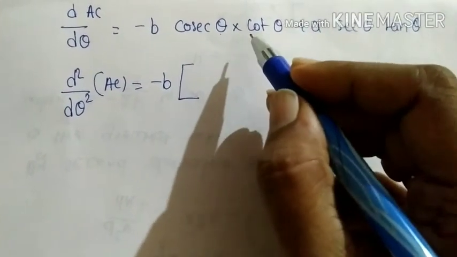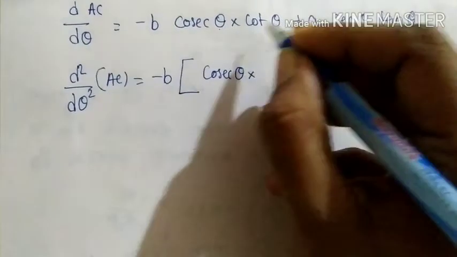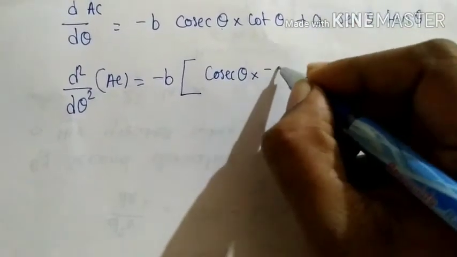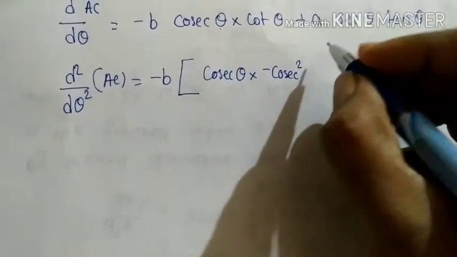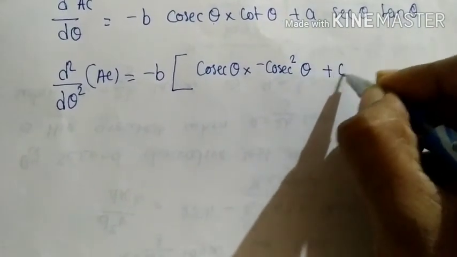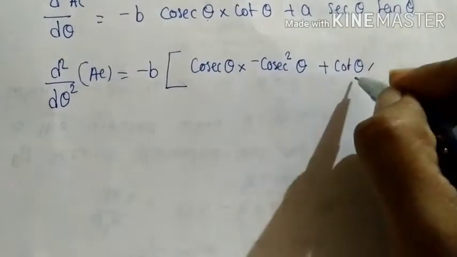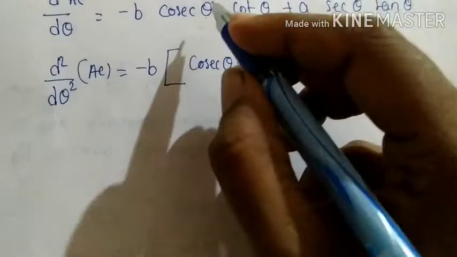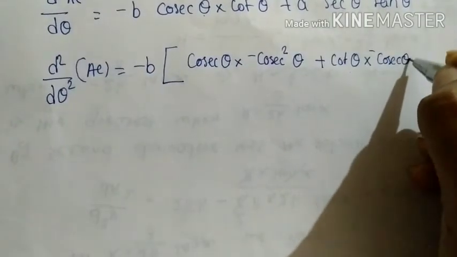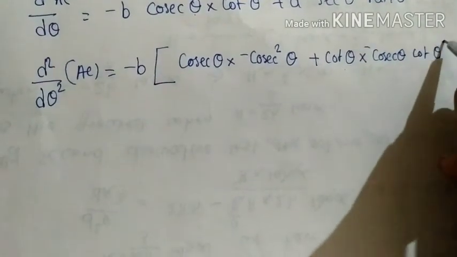So here, by using the product rule, first function into derivative of second function, that is, derivative of cot theta is minus cosec square theta, plus cot theta, second function, into derivative of first function, that is, derivative of cosec theta is minus cosec theta cot theta.